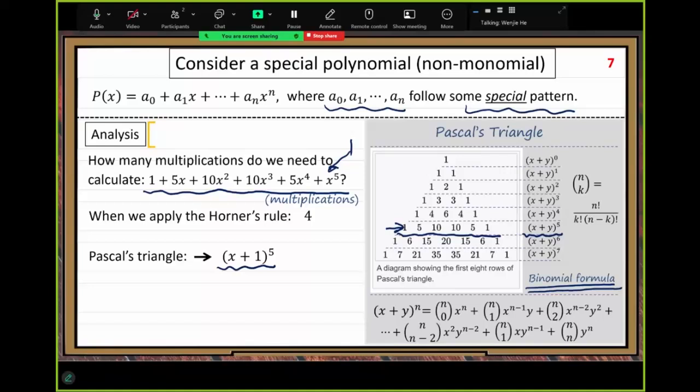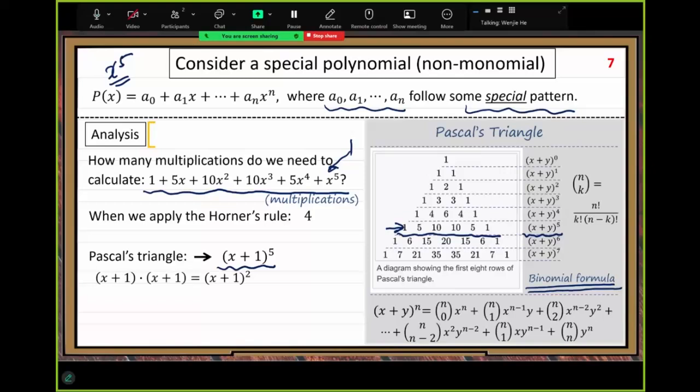Kirill, what's the right answer? For x to the fifth it is 4, but we have an improved version. So it is 3, to calculate x plus 1 to the fifth.